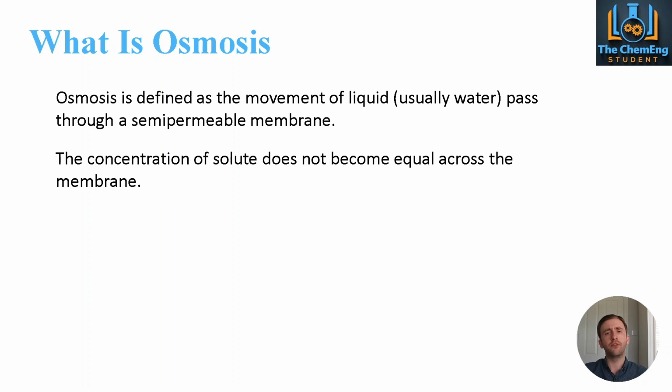In a dialysis machine for purification of your blood in your kidneys, the concentrations of, say, the salts in your blood and the urine stream won't be the same on either side, and they will never become the same on either side, because that is not the function and the process of osmosis, whereas it is in terms of diffusion. Diffusion wants to have an even concentration within the entire mixture. Osmosis does not.